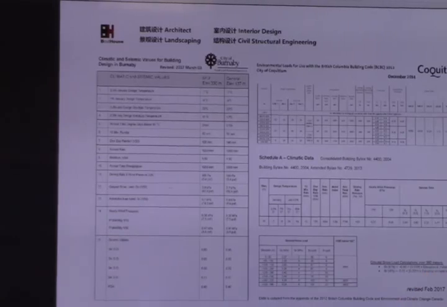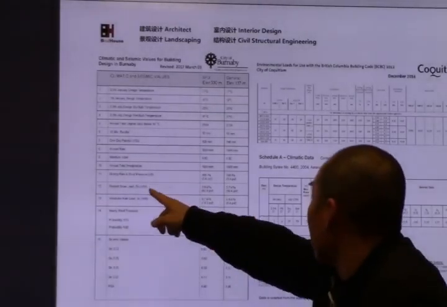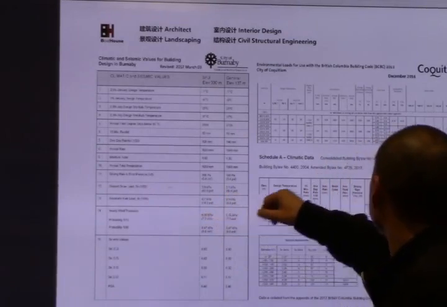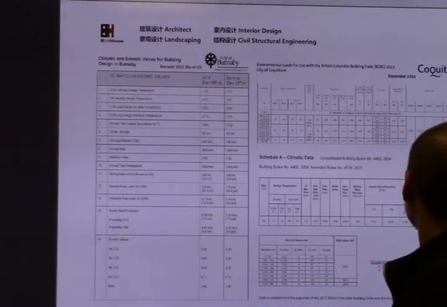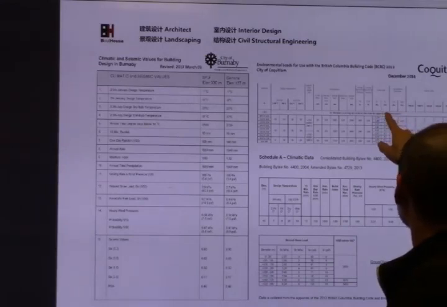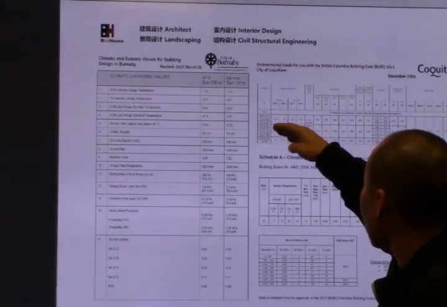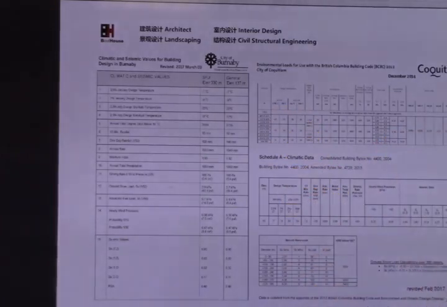Is the snow load different between Burnaby and Coquitlam? Yeah, what is the difference? You see the ground load for 50 years, the 2.7, right? Coquitlam classifies it depending on the elevation. Oh, so at high elevation they have more snow, right?